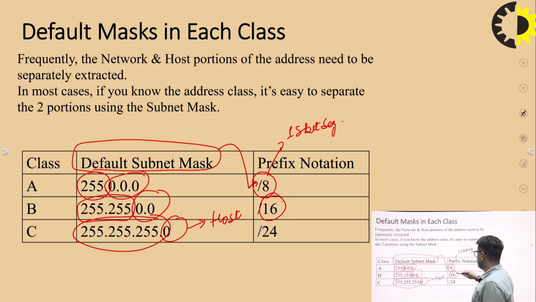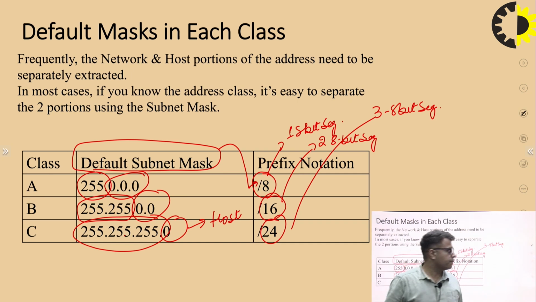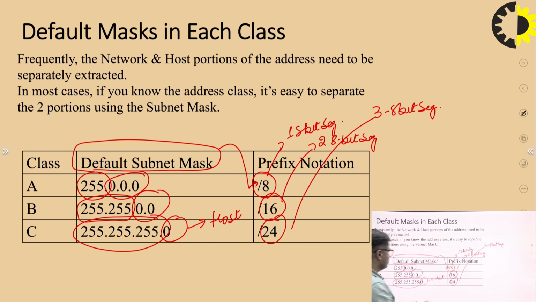Similarly, class B means 2 8-bit segments are 1, that is /16, and /24 means 3 8-bit segments are 1, that is 255.255.255. So this is the bifurcation of the IP address into host and network.